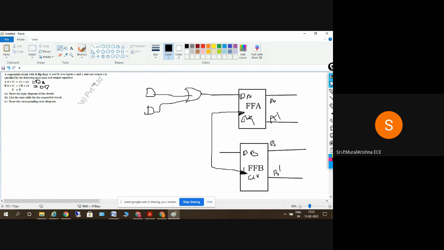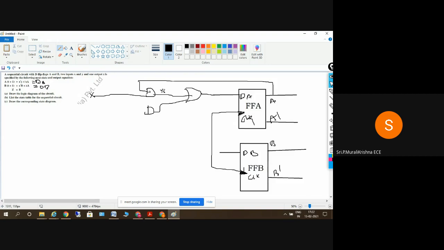We'll be having x bar, right? So this is x here. So this is xa. So where is the value of A? We'll get the value from A here. This is xa.